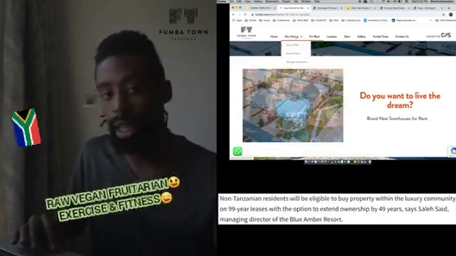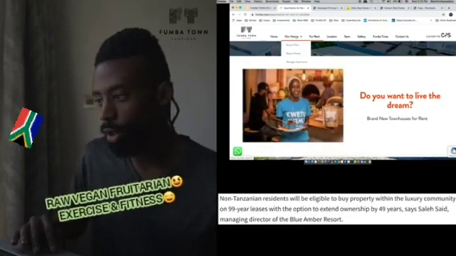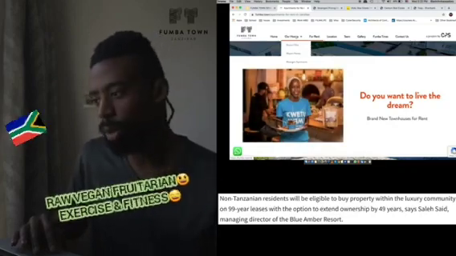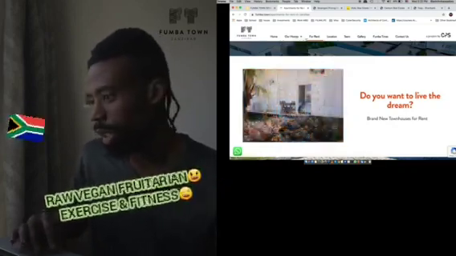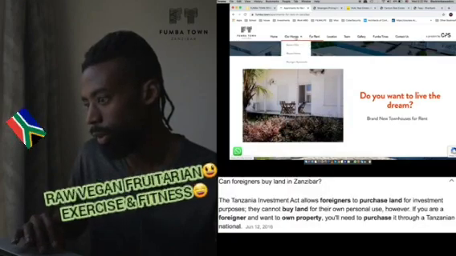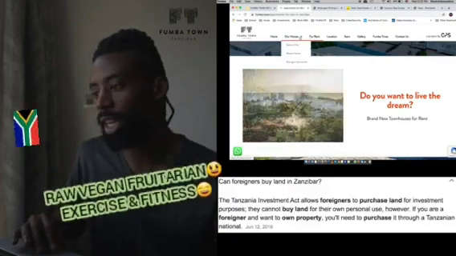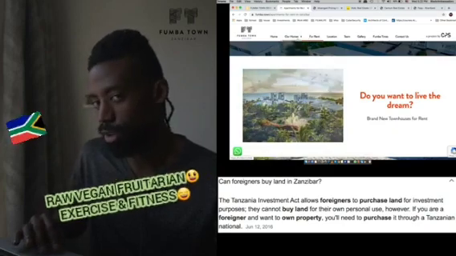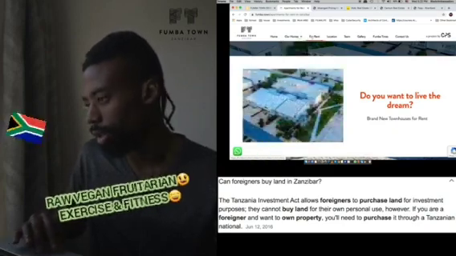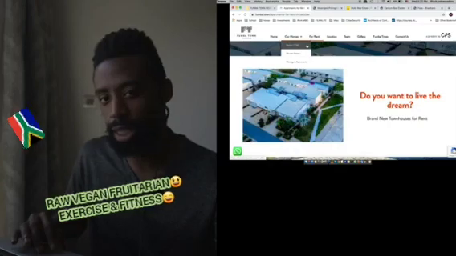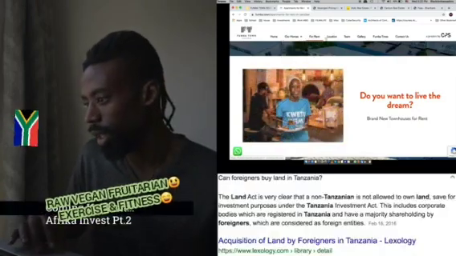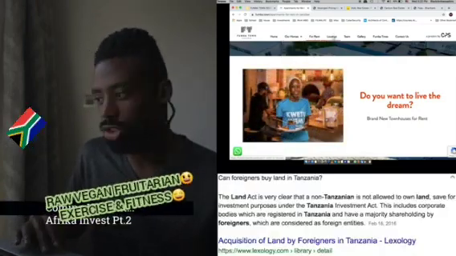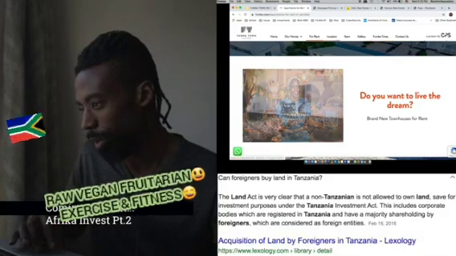You get a lease for 99 years or 50, depending on where you're at. But this one specifically is for 99 or 33, and it's all renewable up to 99 years. When it comes to renewing after 99 years or the 33 years, it just gets renewed. You pay a little taxes and then bam, it's renewed. It's nothing outlandish and you don't have to worry about losing your property.